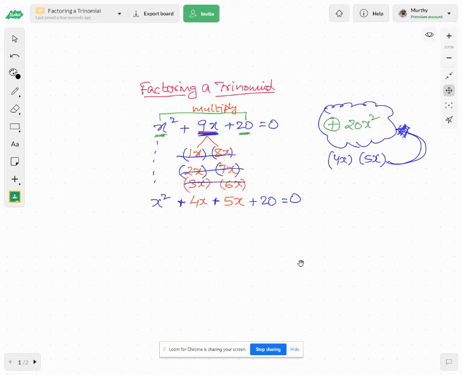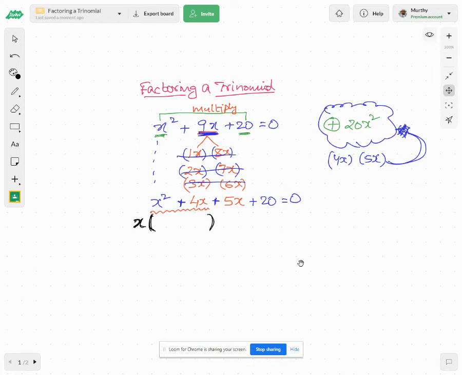Now, think of it. Do you see something same in the first 2 terms? Obviously, it is x. Whatever is common, you pull it out. Then open parenthesis.